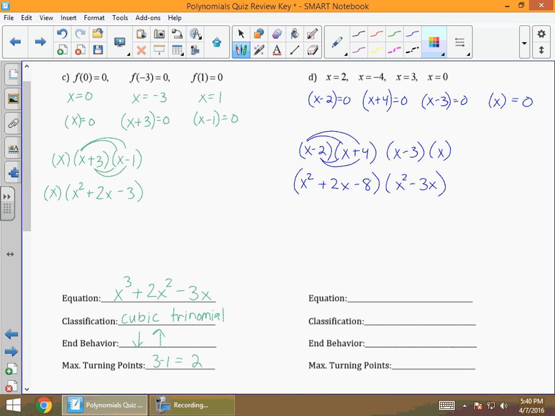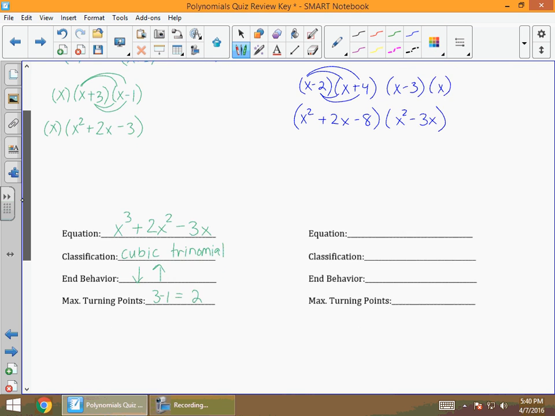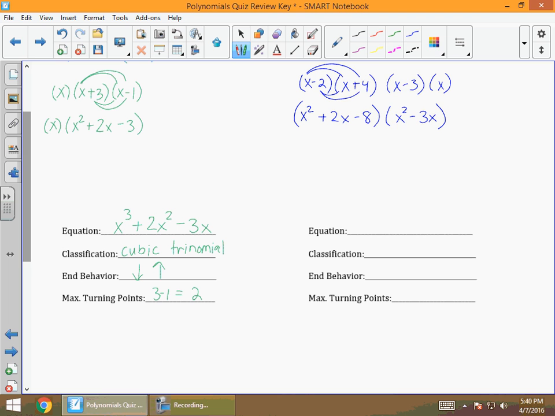And now, this next step really isn't FOIL, but it's the same process. It's just going to be that distribution that's going on. So let me draw the lines here. I'll do my x squared times x squared is x to the 4th. And then x squared times -3x is -3x to the 3rd.